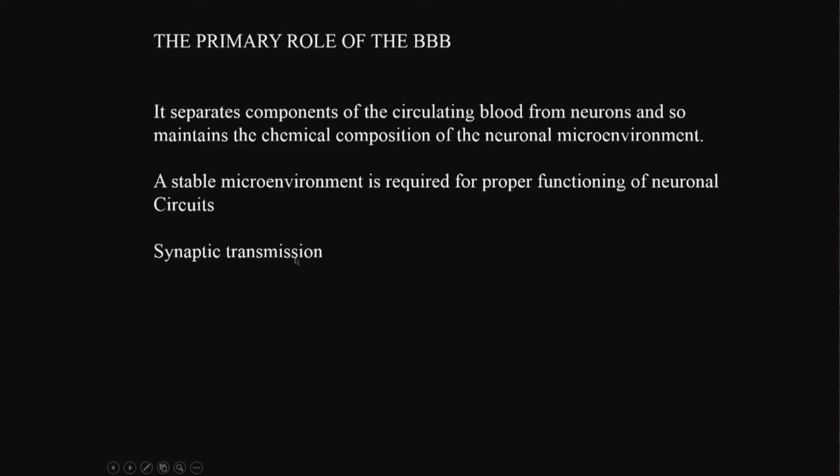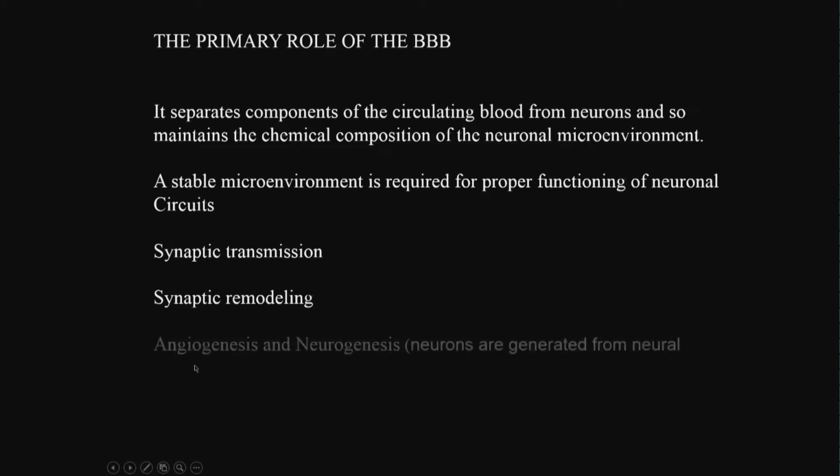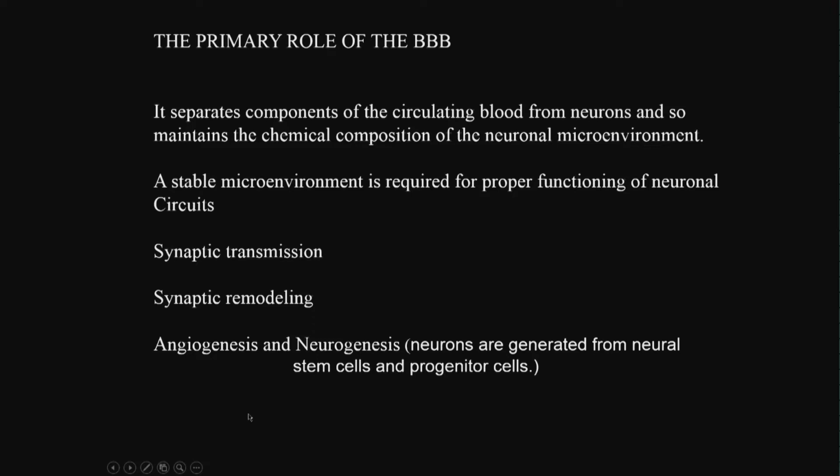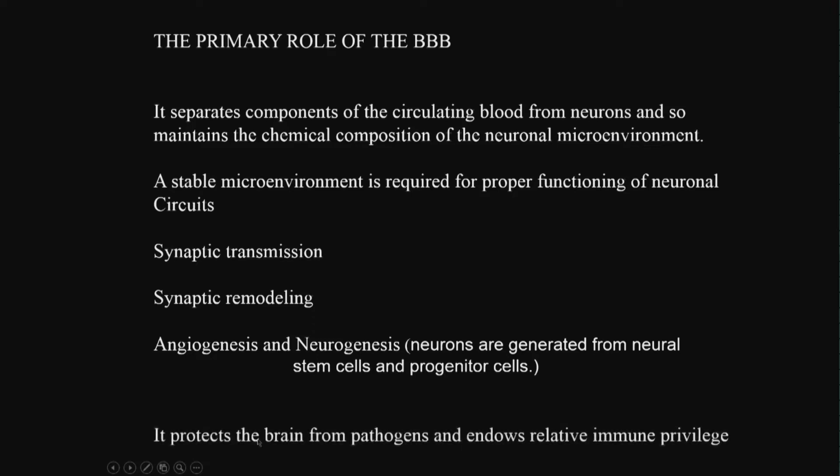There is synaptic transmission taking place, synaptic remodeling, which gets changed because of the environment and exposure to the external environment. And then angiogenesis and neurogenesis. Neurogenesis means neurons are generated from neural stem cells and progenitor cells. These things are happening inside the brain and so the BBB has to take care of this. It protects the brain from pathogens and endows relatively immune privilege.